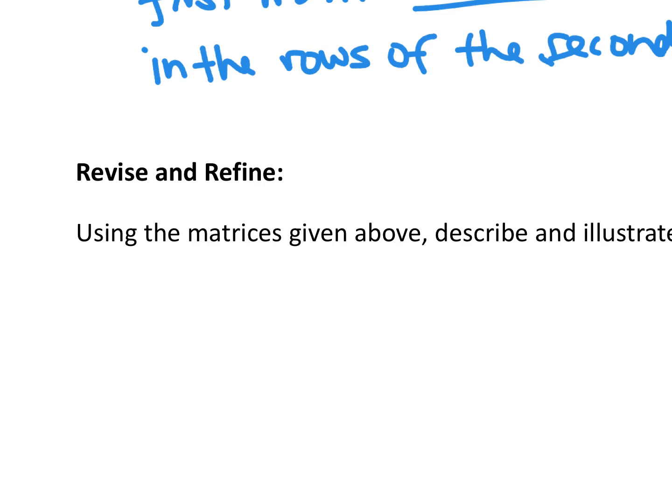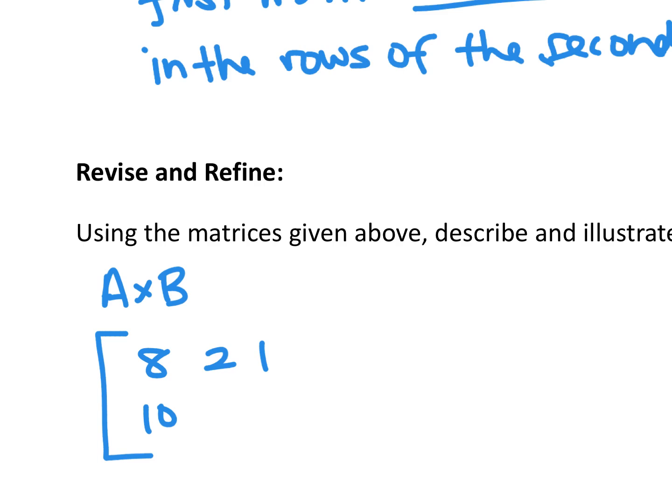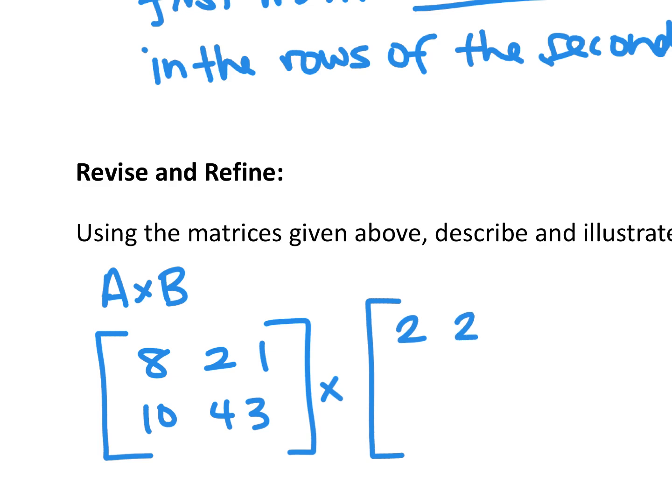So we have A times B. A is 8, 2, 1, 10, 4, 3, and we're going to multiply that by our second matrix, which is 2, 2, 3, 4, and 2, 1.